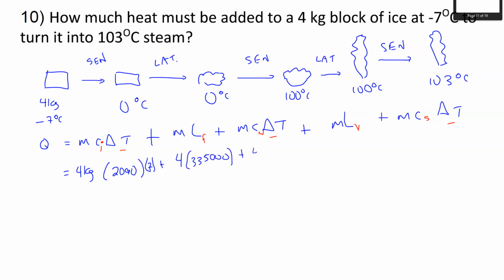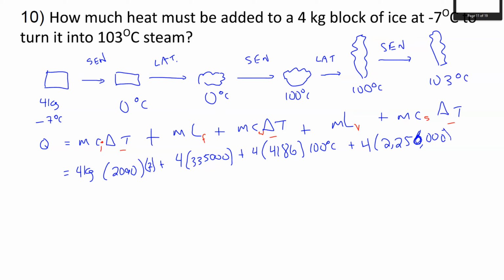Here I got 4. I'm talking about water now, right? I'm at this point. And water is 4186, or somewhere in there. And it goes from 0 to 100, so that's 100 degrees Celsius. And then I've got 4 kilograms, which I have to take from water to steam. I got to boil it. And that takes a chunk of energy right there. 2,256,000. I'm doing this by memory, so that number may be a little bit off, but somewhere in that ballpark.